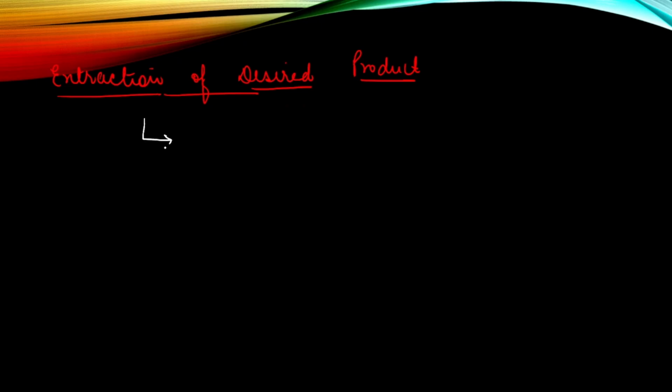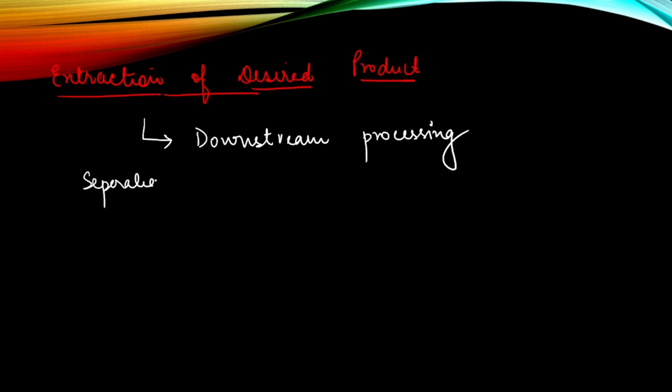This extraction of the desired product, we call downstream processing. Here we separate and purify the product. Separation and purification of the product is performed, right?